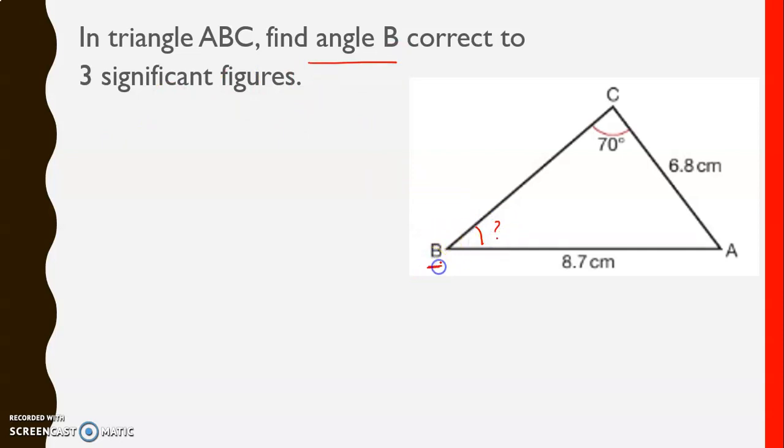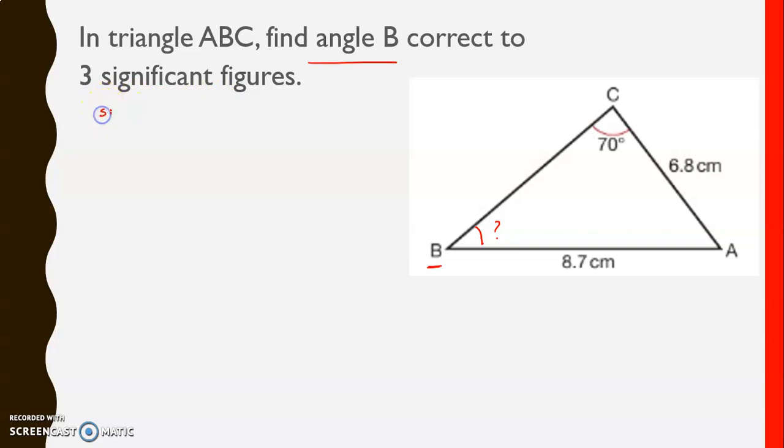Now my advice to you is that when you have to work out a missing angle, it's actually much easier if you start off by writing the sine rule upside down with the angles as your numerators.